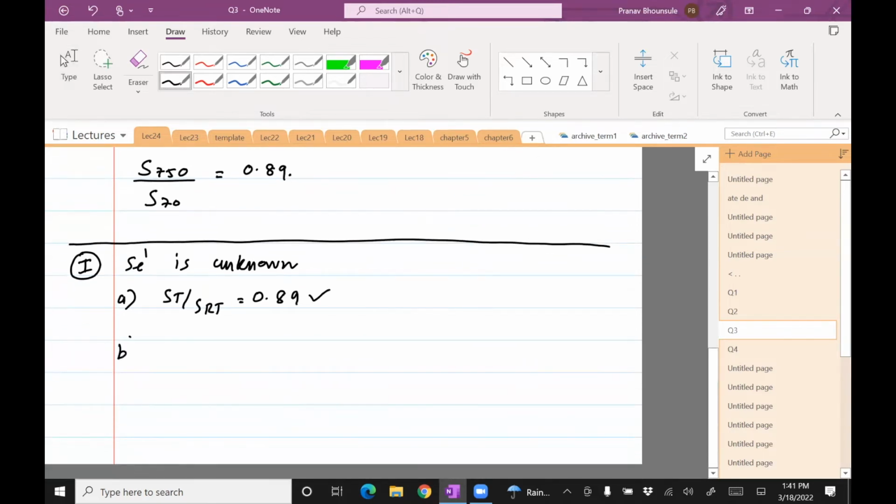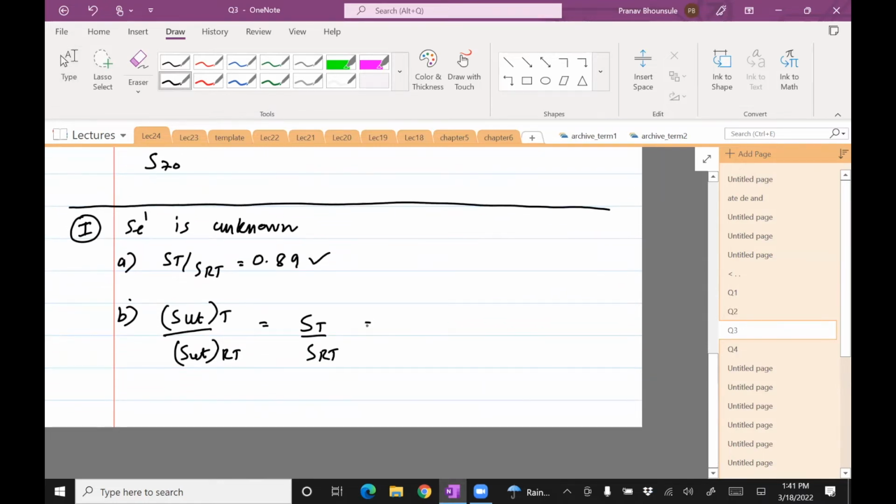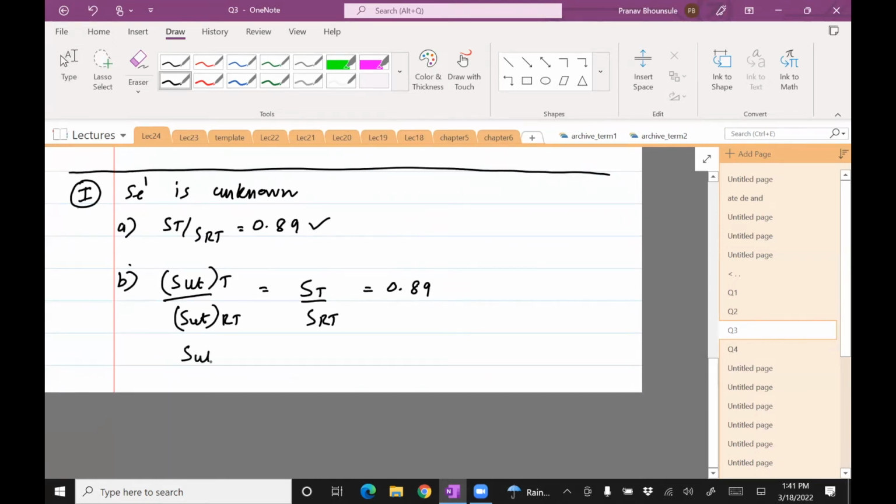Step number 2 is we compute SUT at 750. SUT at 750 divided by SUT at room temperature is equal to ST divided by SRT, which is 0.89. And so we can compute SUT at 750 equals 0.89 times SUT at 70.